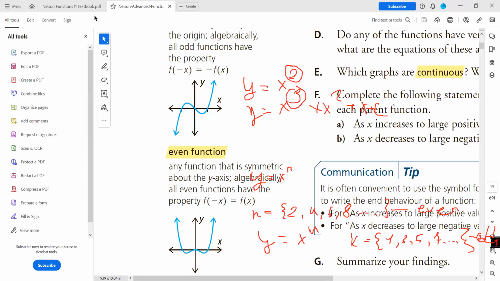Okay, did you finish copying it down? Guys, please turn on your cameras.